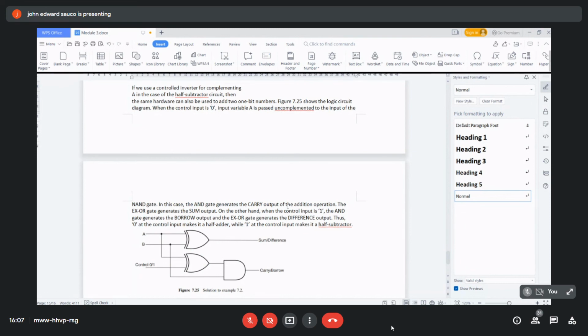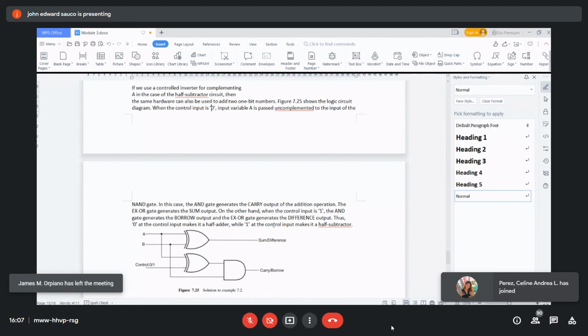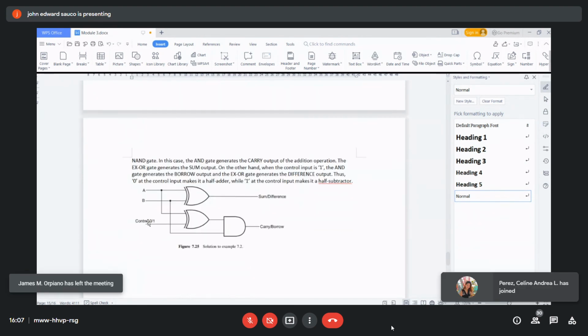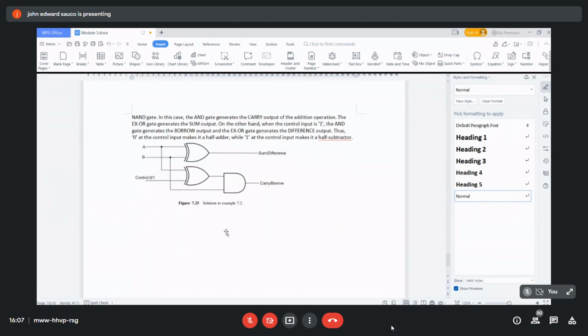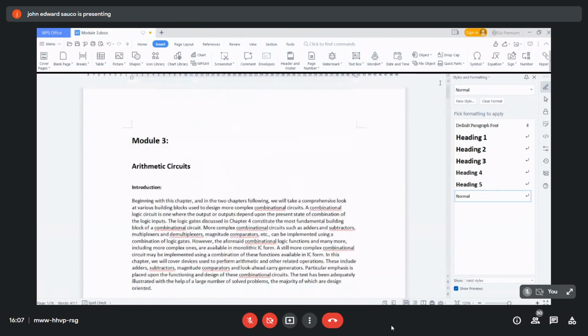On the other hand, when the control input is 1, so the borrow and the difference. So, the control takes the half adder at 0 and takes the half subtractor at 1. So, kapag 0 yan, adder siya. Pag 1 siya is subtractor siya. Kasi na-activate yung inverter.